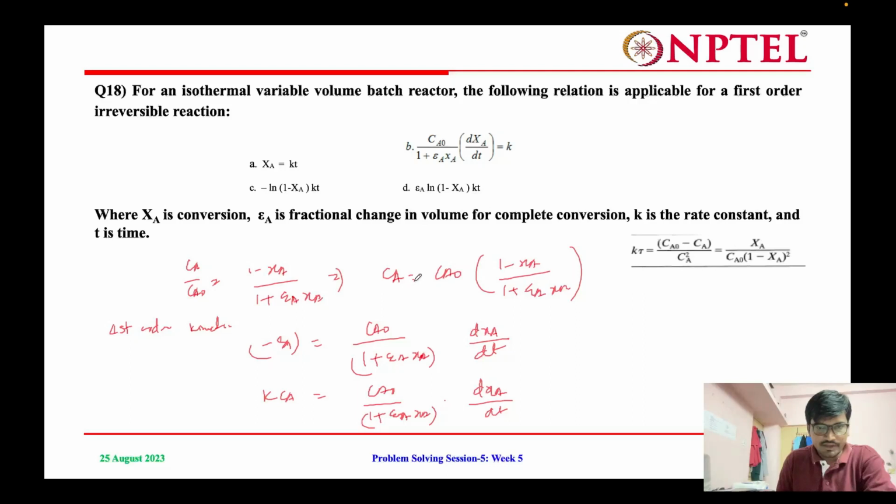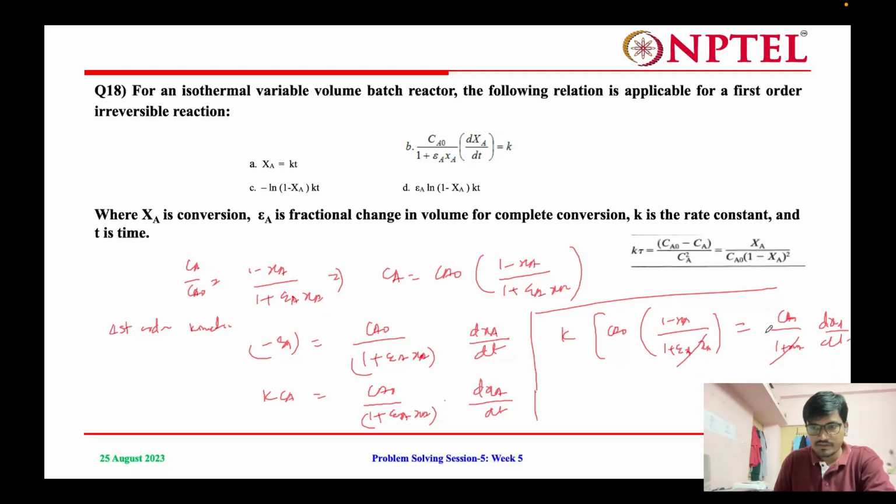So write down CA equal to this in these equations. So K C naught (1 minus XA) over (1 plus epsilon A XA) equal to C naught over (1 plus epsilon A XA) dXA by dt.